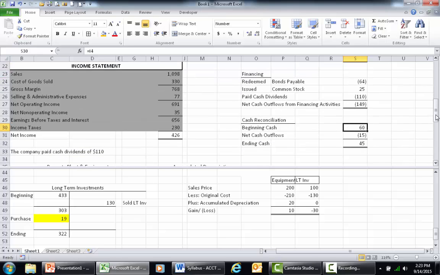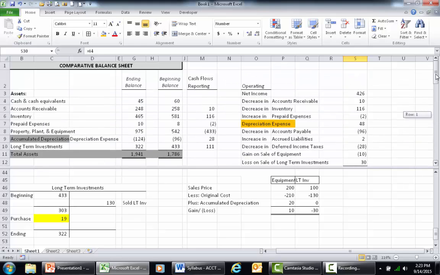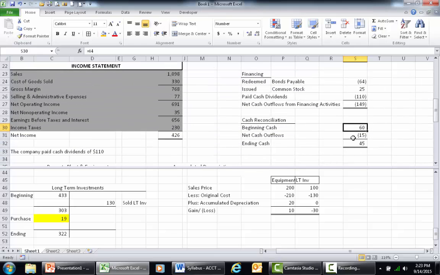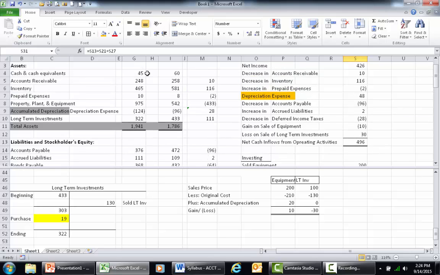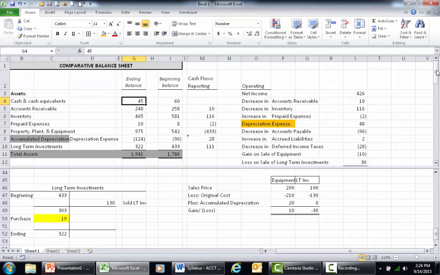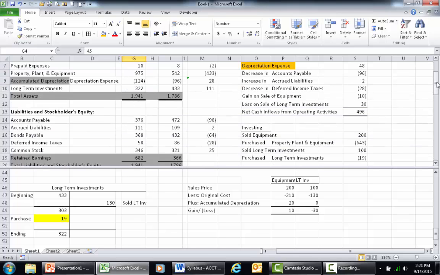Our beginning cash of 60 still comes from up here, our beginning balance in our cash and cash equivalents. The net cash outflows is the summation of the subtotals from each of the three sections, negative 15. And when you have negative 15 added to positive 60, you come out with ending cash of 45. And if we check the cash and cash equivalents, the ending balance should be 45. So we've made all of our changes correctly.